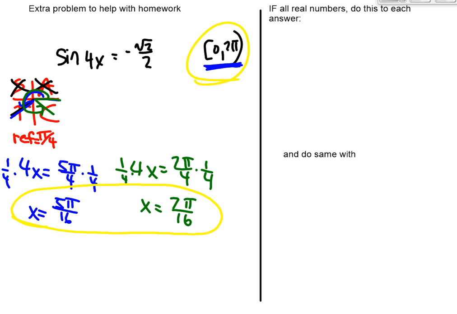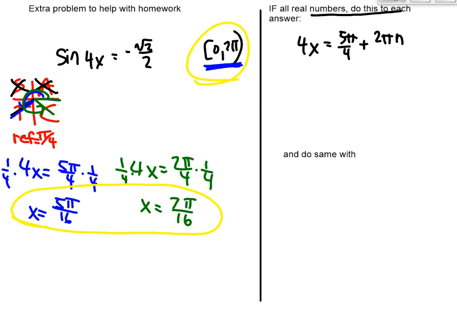So if I am asked to use all real numbers, then the little thing I have to remember, and this is ahead of our real notes in this particular section, but it's close enough, is we have to say that 4x equals 5 pi over 4 plus 2 pi n.